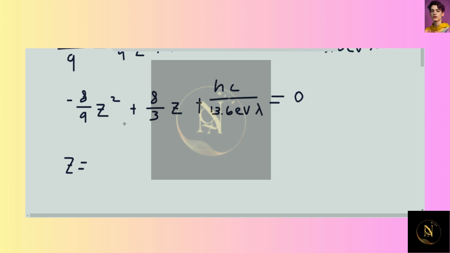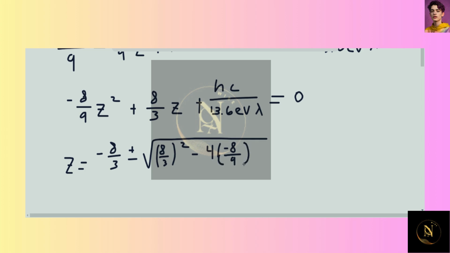Here negative b is negative 8/3, plus or minus the square root of 8/3 squared minus 4ac, where a is negative 8/9 and c is hc divided by 13.6 eV times lambda. For Planck's constant, we want to use the electron volt seconds version, not the joule seconds version, because we're dividing by electron volts, so we want those units to cancel.